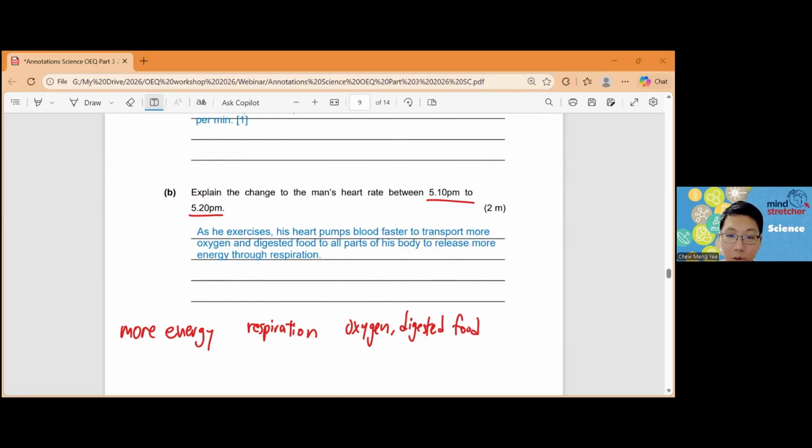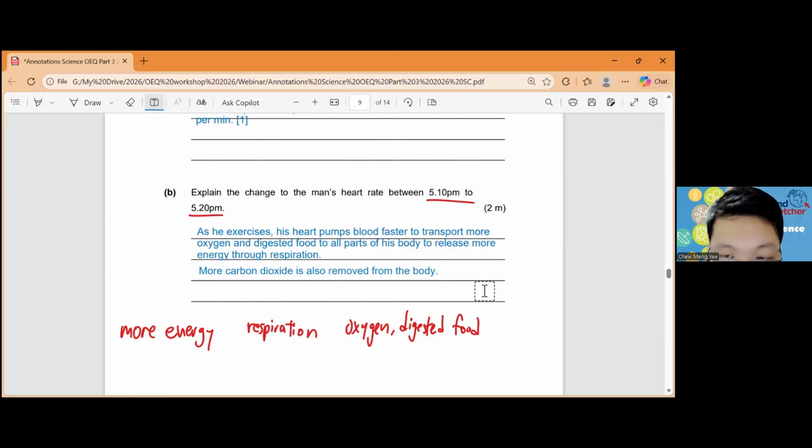Let me add in the full story since some of you are asking. The last part is this part: more carbon dioxide and waste materials is also removed from the body. Then carbon dioxide is fine.